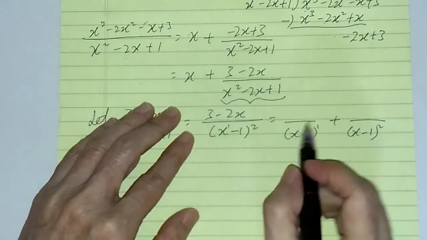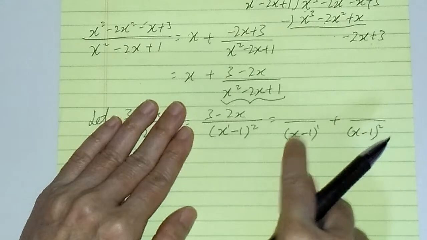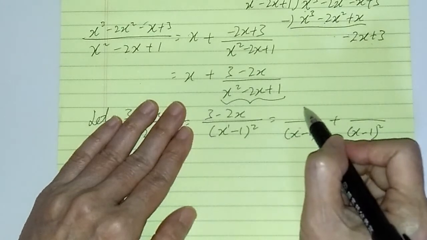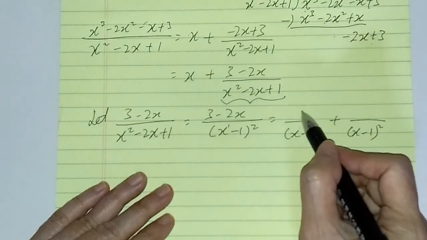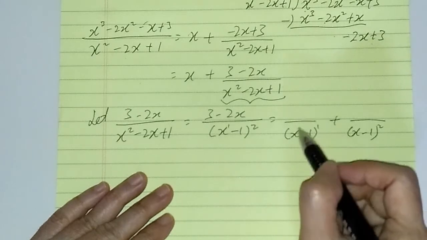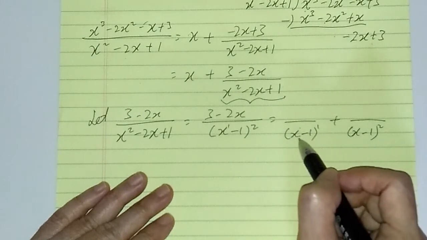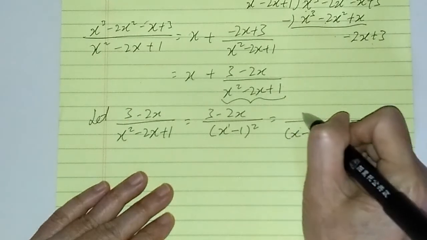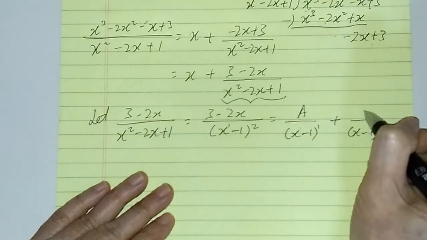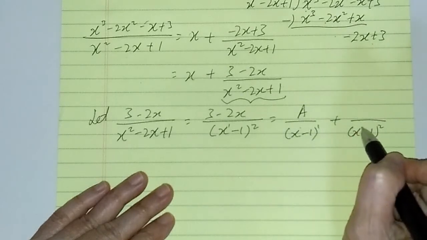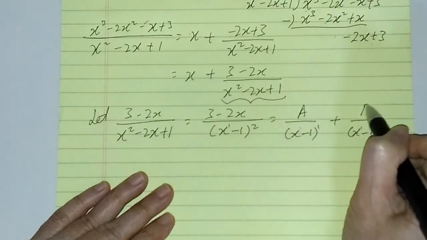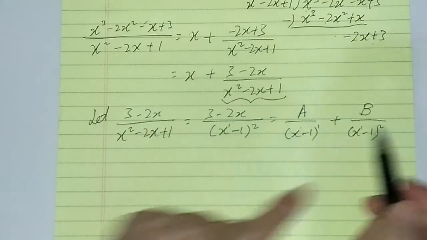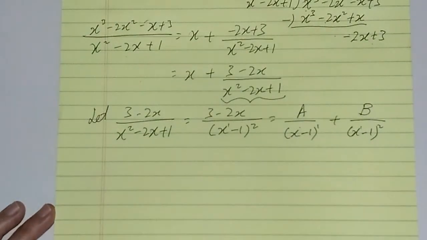Okay. So because the highest power is 1, remember partial fraction, the top must be 1 order smaller than the denominator. So this is power 1, the top must be power 0. Power 0 will be constant. Okay, A, and then this is also the same. The highest power is 1. So we look at what is in the bracket. Okay.